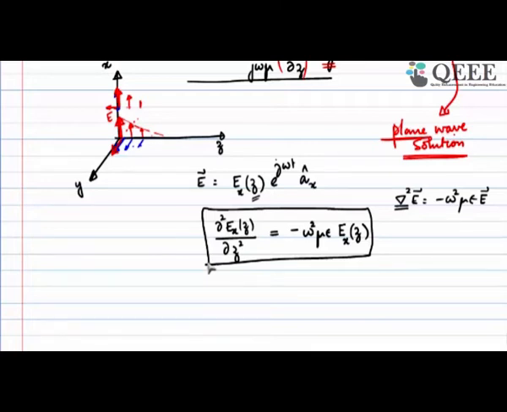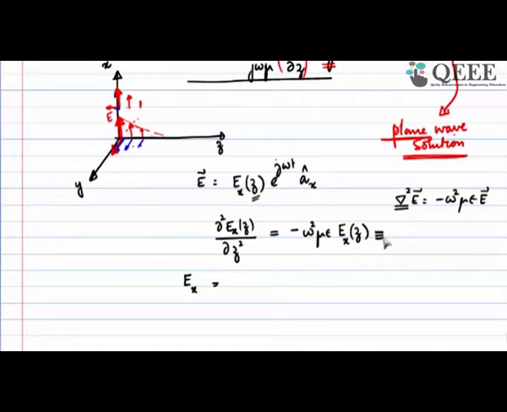And the general solution for this is exponential. I'm going to make it a little easier by defining this as gamma square Ex(z), where gamma square is defined as minus omega square mu epsilon.